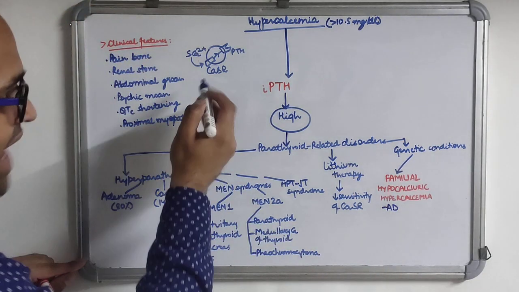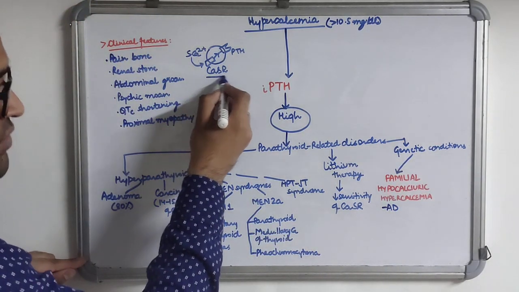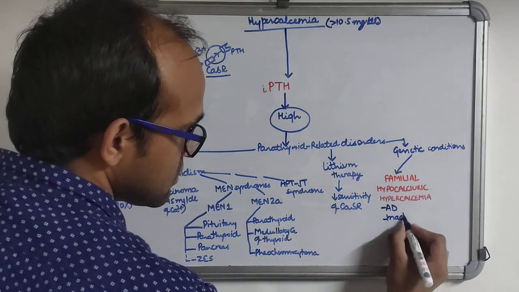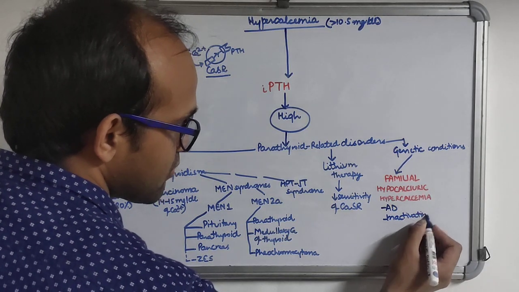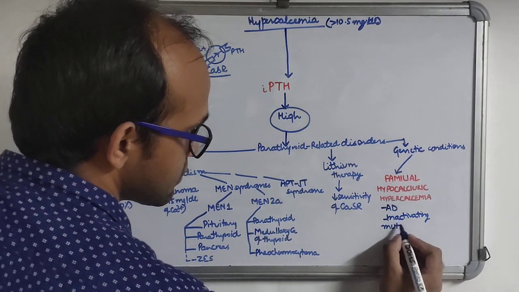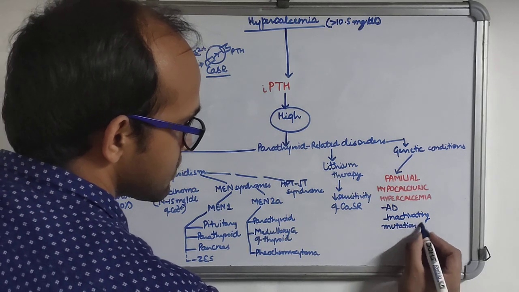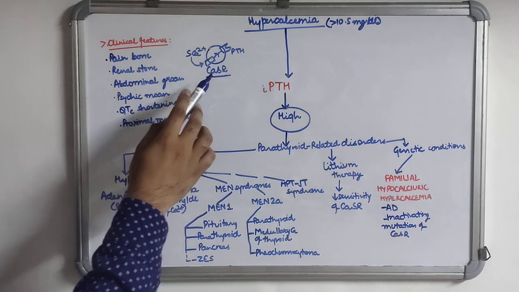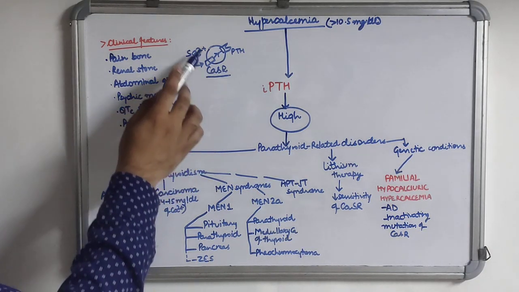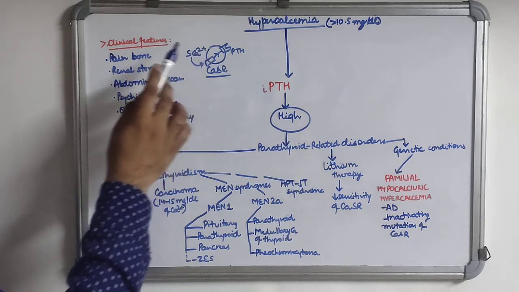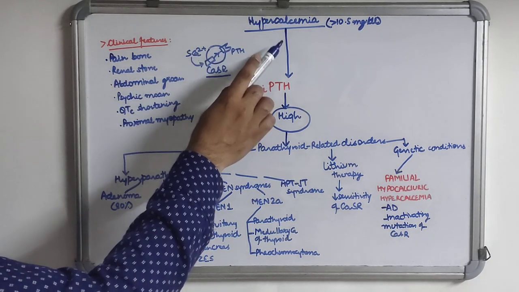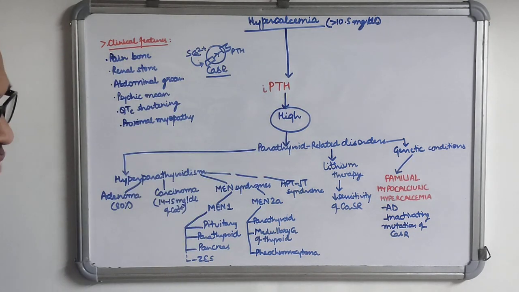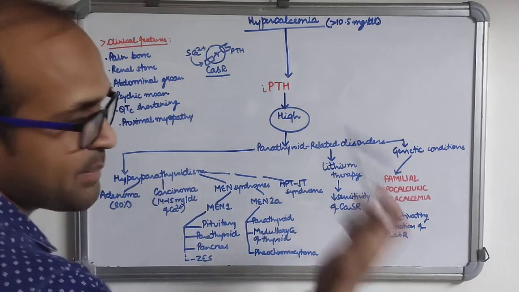In this, there is an inactivating mutation of the calcium sensing receptor. So because of the inactivating mutation, the serum calcium concentration is sensed as low, and inappropriate release of PTH occurs even in the setting of hypercalcemia. So this results in hypercalcemia.